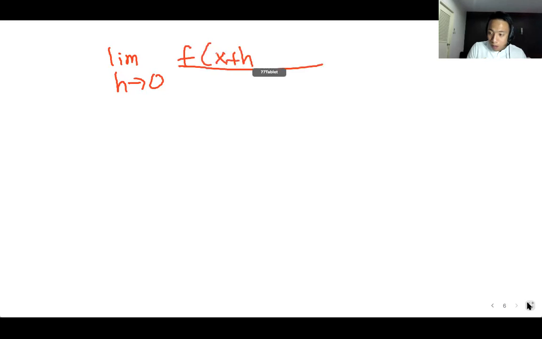Again, limit of H approaching 0, F of x plus H minus f of x all over H. So that'll be the main formula.